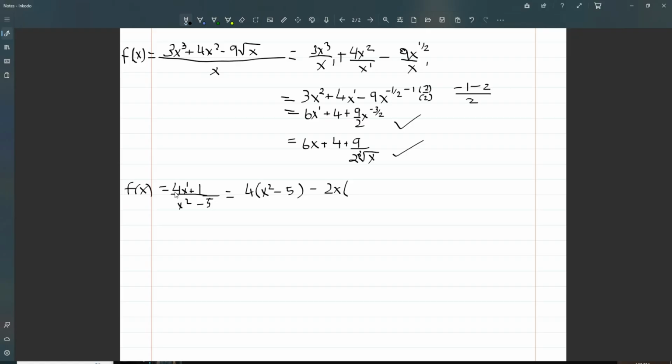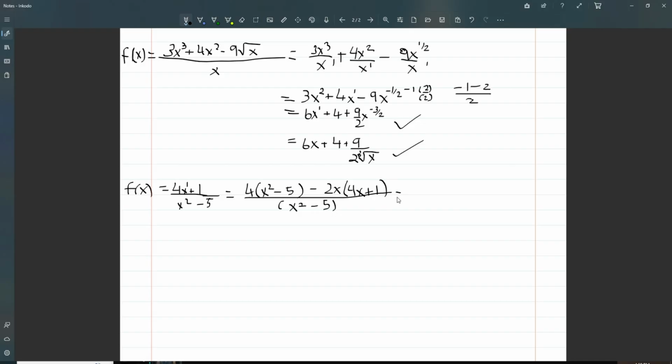And now I will multiply the numerator with 2x. So here we have 4x plus 1. Great. And then we put that over x squared minus 5. Sorry about the bad handwriting throughout the video, I can't help it.